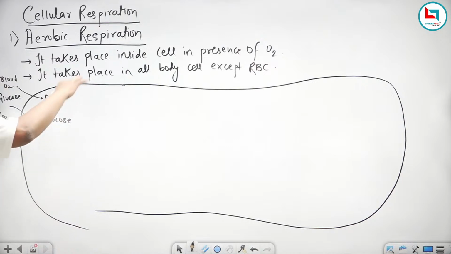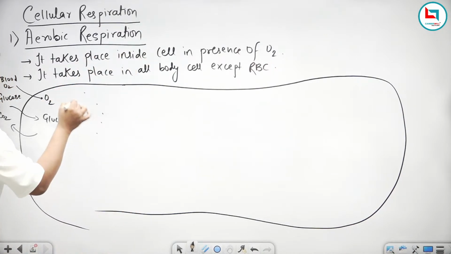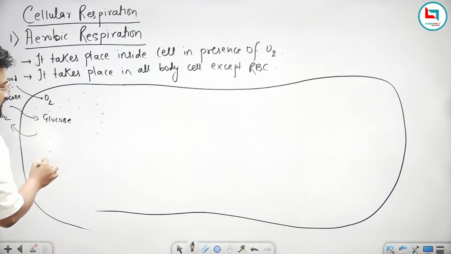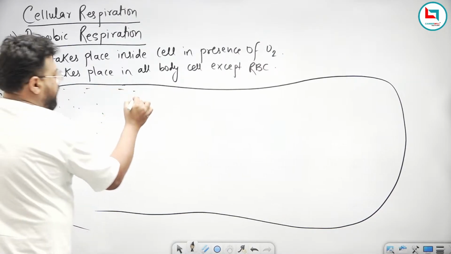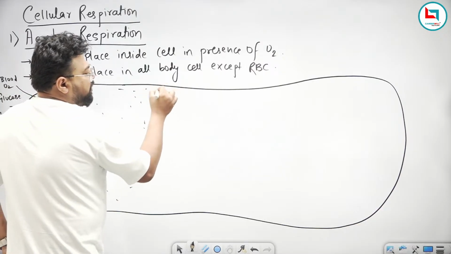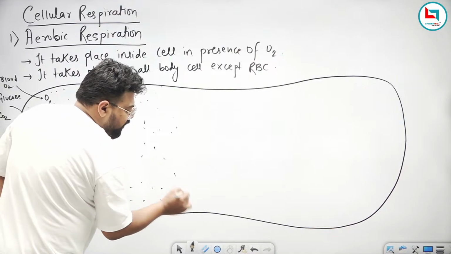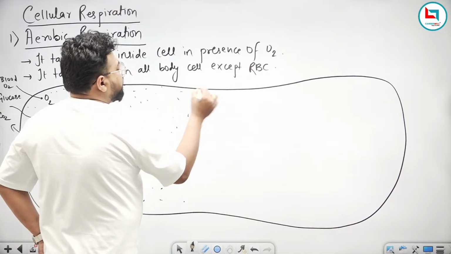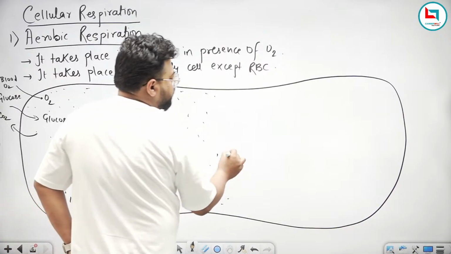Now what happens inside the cell? So this is a cell. Every cell contains a liquid matrix or a fluid inside it. This liquid or this fluid is known as cytoplasm.